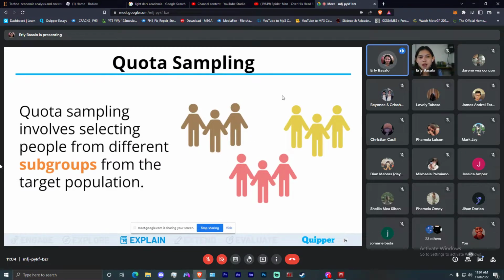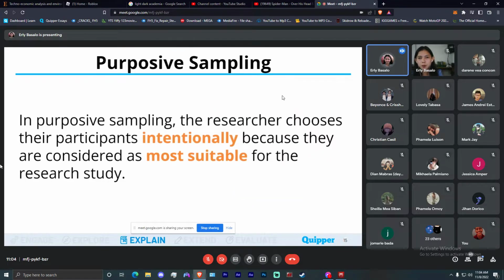Next, we have quota sampling. It involves selecting people from different subgroups of the target population. Next, we have purposive sampling. In purposive sampling, the researcher chooses their participants intentionally because they are considered most suitable for the research study.